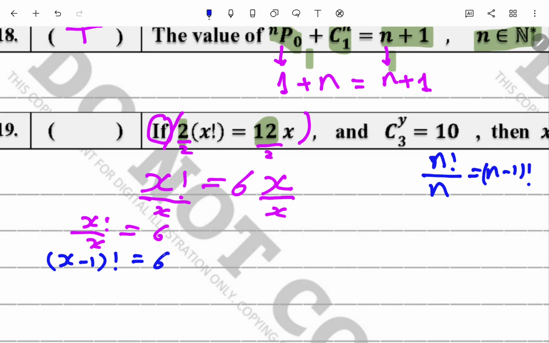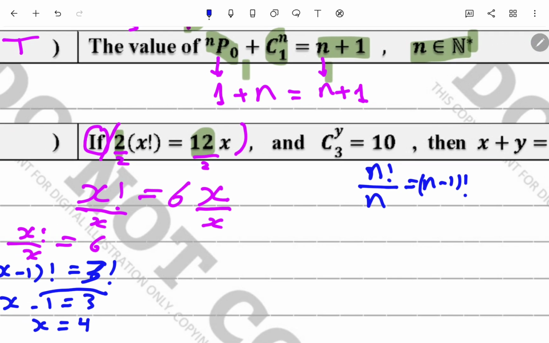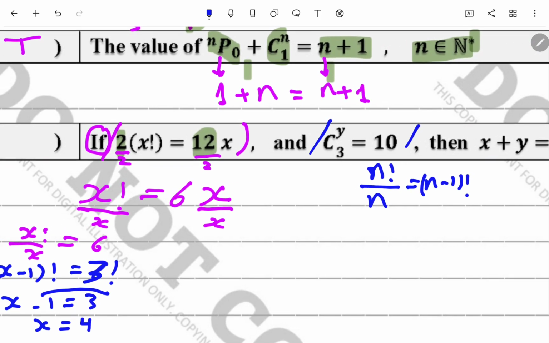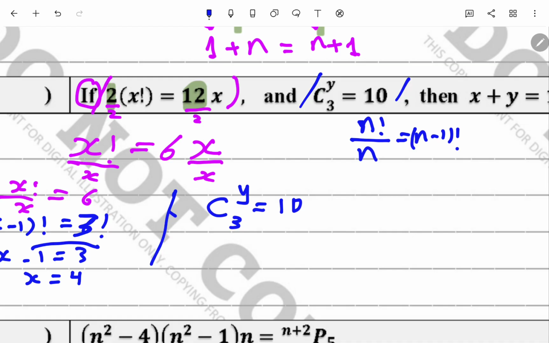equals 6, which is 3 factorial. You can cancel the factorial on both sides to get x minus 1 equals 3. Move the negative 1 to the other side. That will make x equals 4. He gave you another given, which is y combination 3 equals 10. You need to think about how many factors we have.